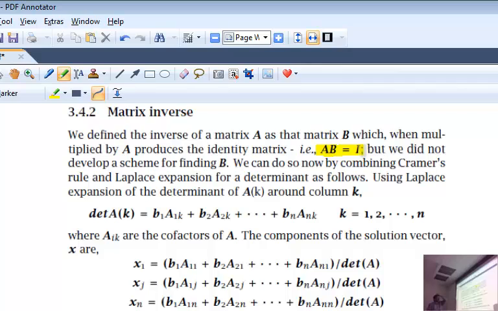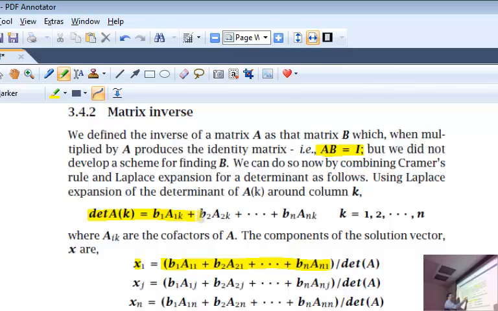Okay, so we take, for example, the Laplace expansion, the definition for Laplace expansion, and Cramer's rule. We combine these two. So Cramer's rule tells me how to calculate x1, xj, xn. It's simply the determinant of A1, which I expand here.